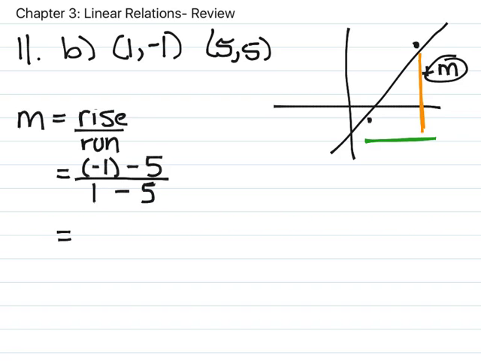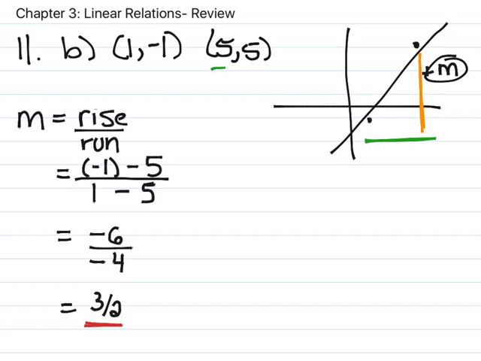So this is the same as -6 divided by -4, which is the same as +3/2. So there's your slope. And now we're going to do what we did back in question 10.